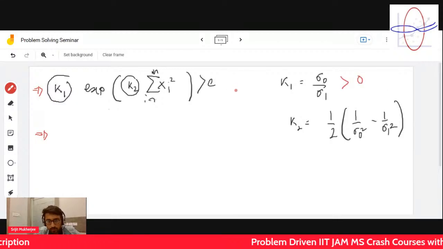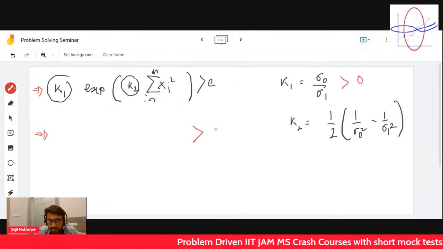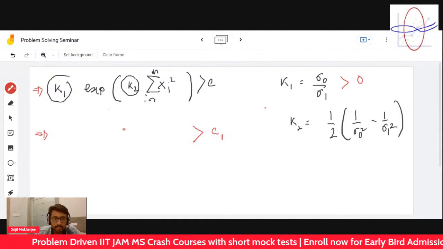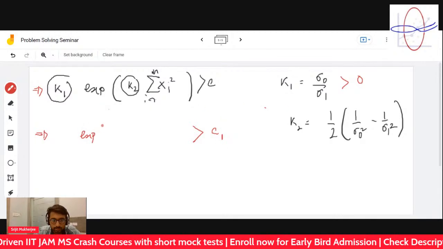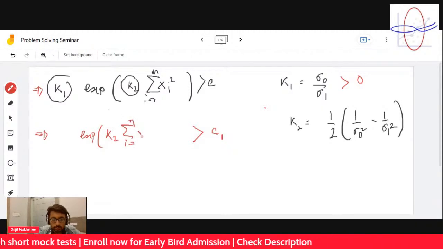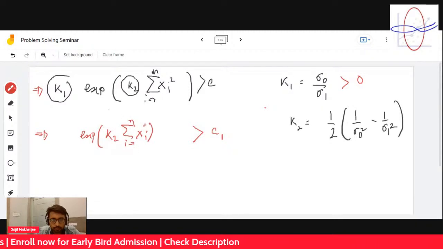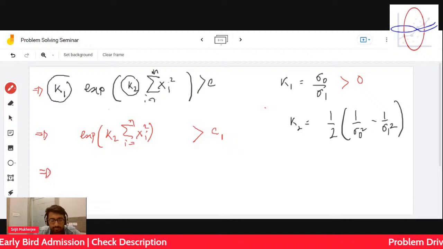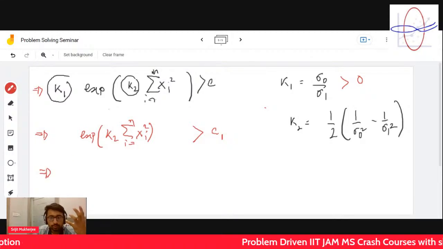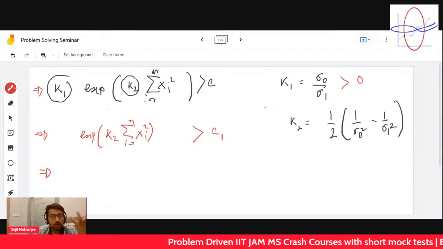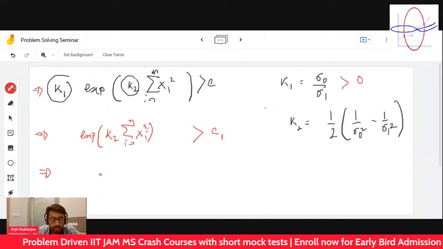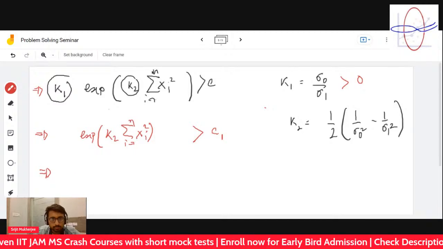So when we take the constant over to get some c dash, or call it c1, the inequality sign never changes. So we have k2 times summation i from 1 to n xi square, and the exponential is an increasing function. So what you do is take the log, because it's invertible, right? You take the log, and just give me a minute.